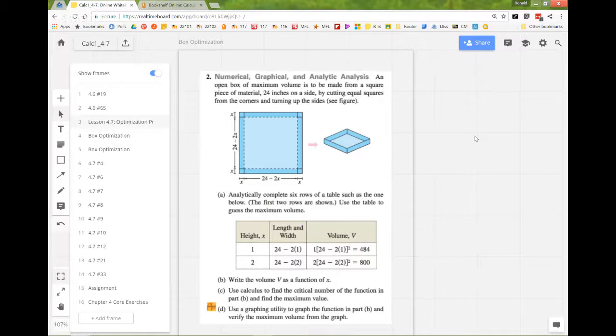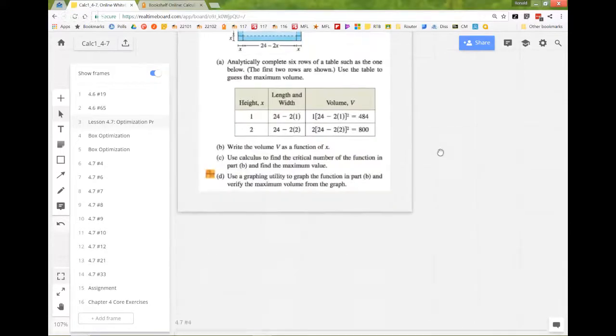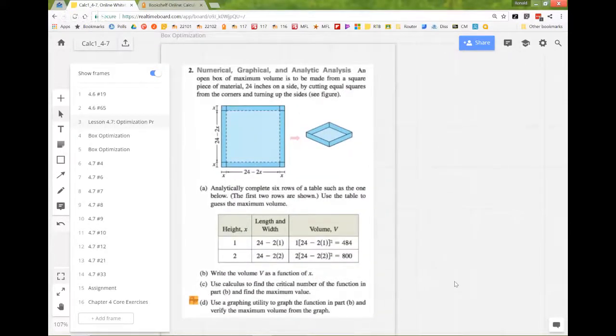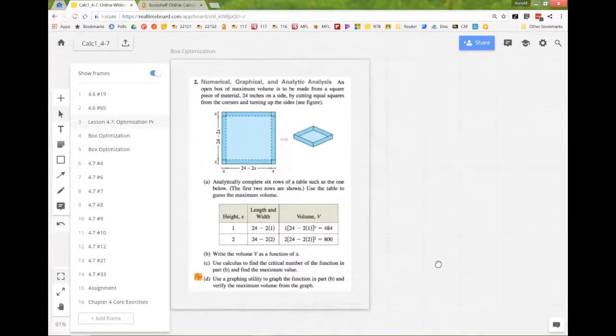And you notice the word maximum is a good match for what we've learned this year. So I'm going to skip the A and the B, and we're going to go right to part C, down at the bottom there. Use calculus to find the critical number of the function and find the maximum value. Okay? So that's the problem, and we're going to work it out right now.